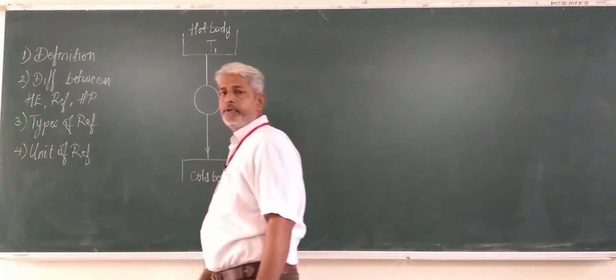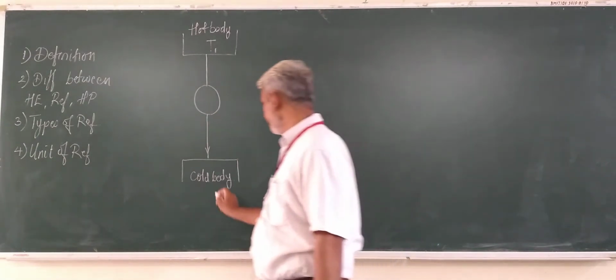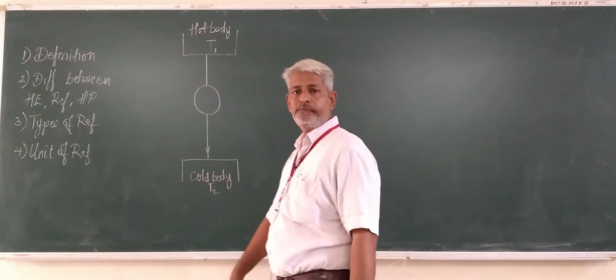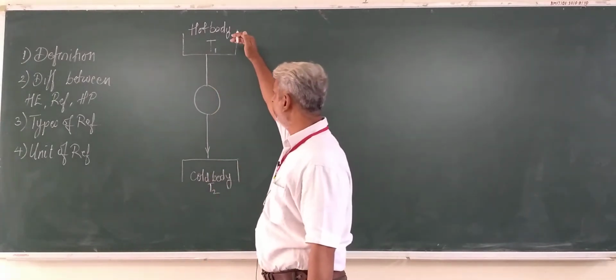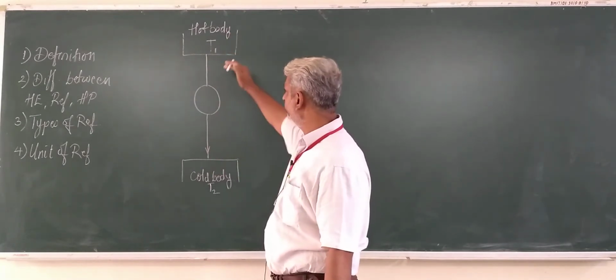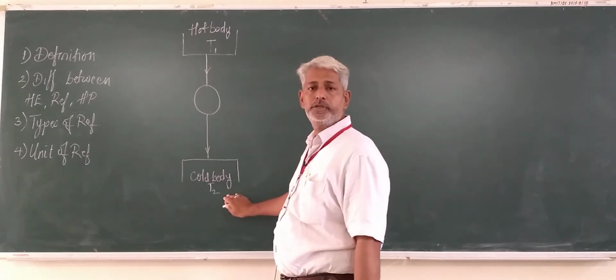We know that as per the natural law, heat flows from higher temperature to lower temperature. That means it flows from the hot body to the cold body. Suppose we develop a system comprising a hot body at a temperature T1, and heat is flowing from the hot body to the cold body at a temperature T2.